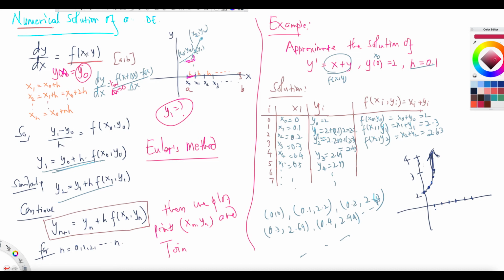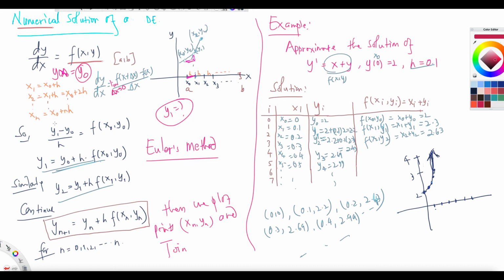On the right hand side, I'm keeping the same function, but instead of at x, y, I'm using the point x0, y0. I'm trying to find the slope or derivative at x0, y0.